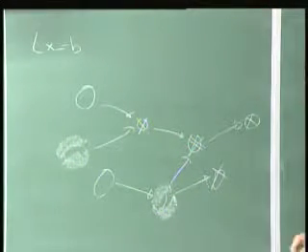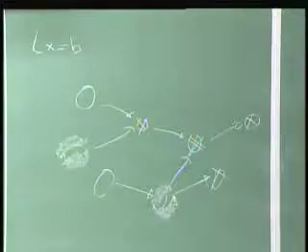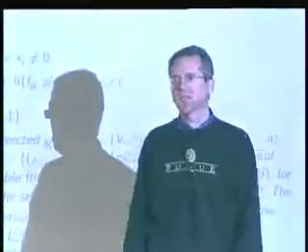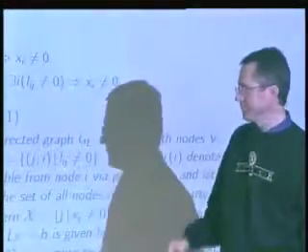So we just have to do a graph traversal, starting from the nodes in B, asking what nodes can we reach. That gives the non-zeros in X.